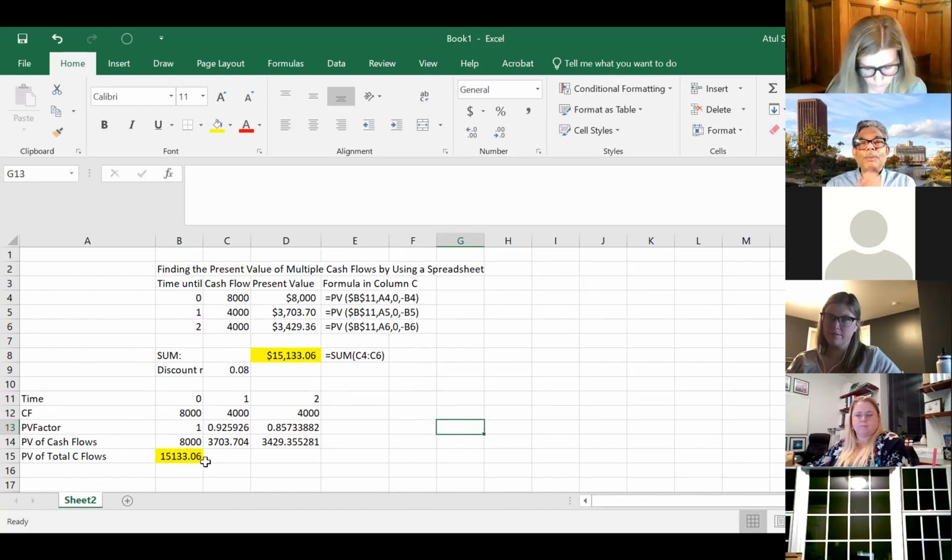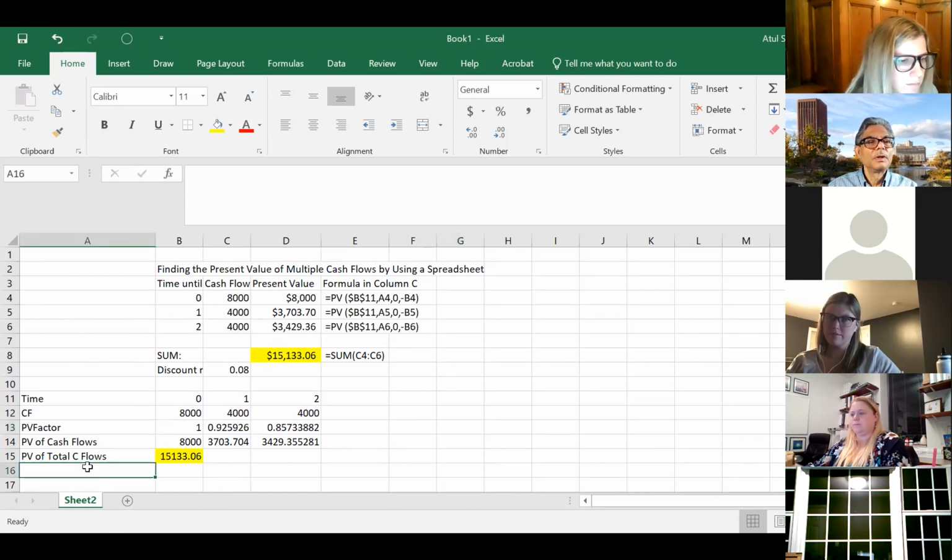So the best way for those of you who are not so familiar with this option is to look at using the present value formula. How will you do it? So let's look at the present value formula.